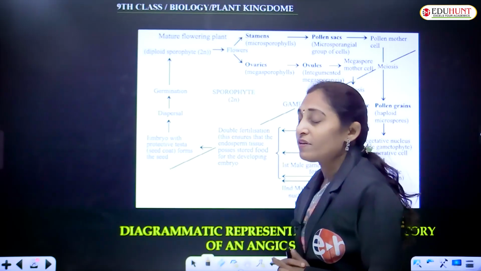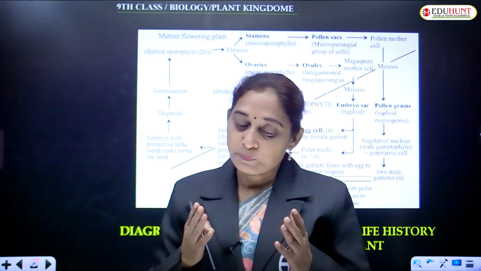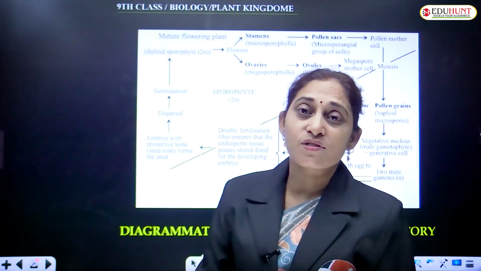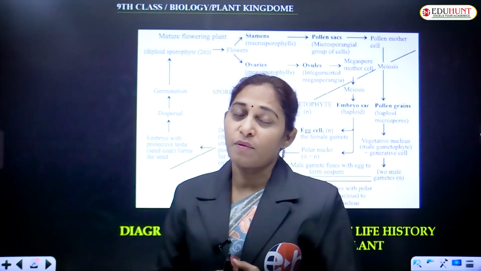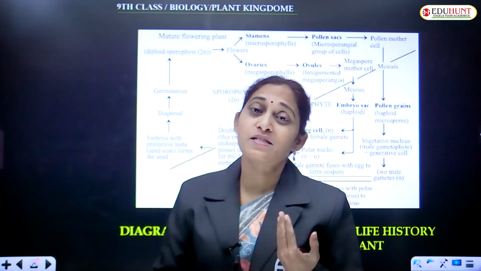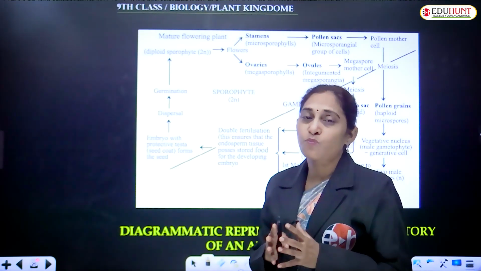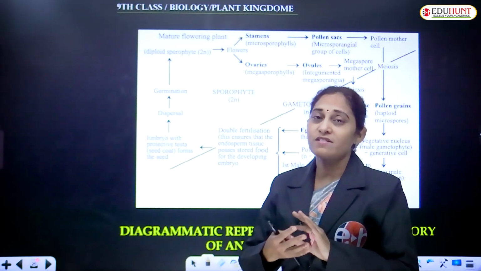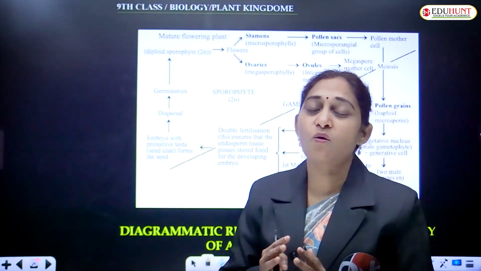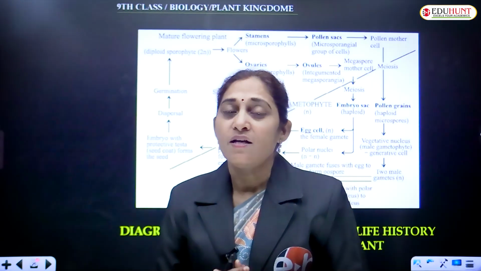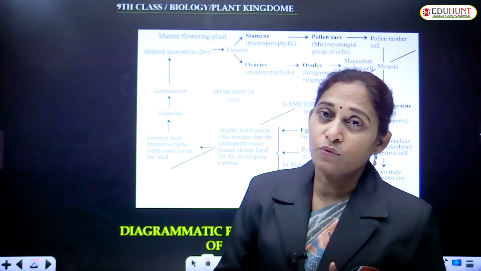While discussing gymnosperms, we saw microsporophylls and megasporophylls. Microsporophylls are the male sporophylls, and when they aggregate around the central axis, they form a cone. This was discussed in the general characters of gymnosperms.